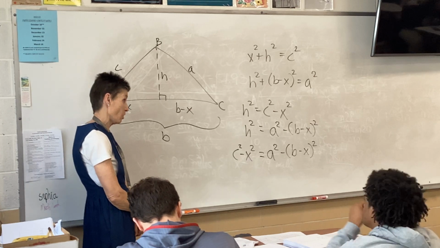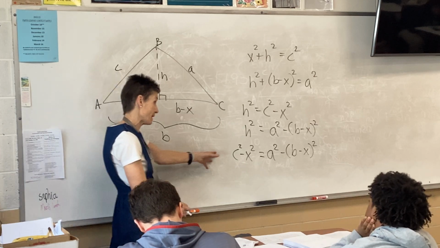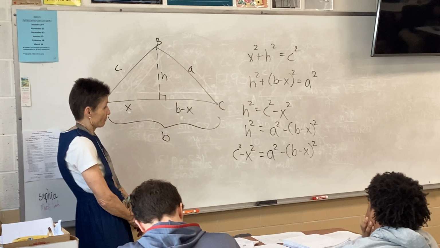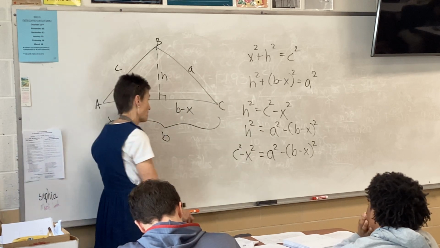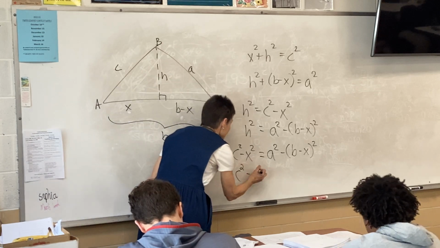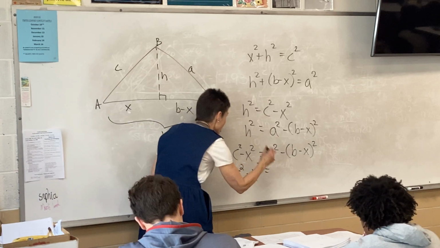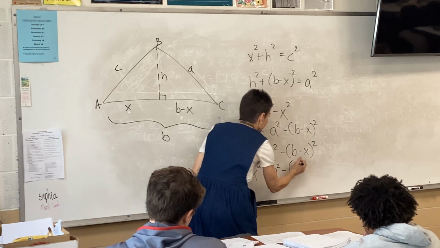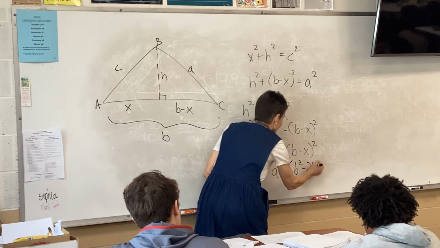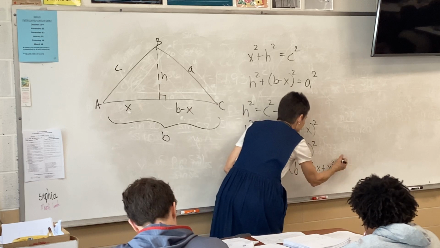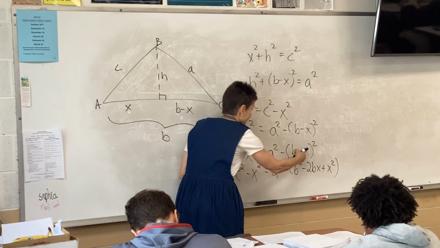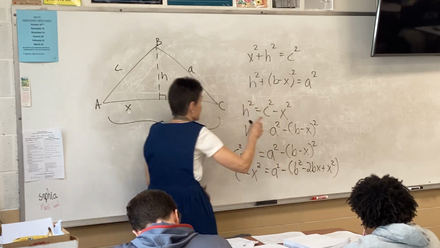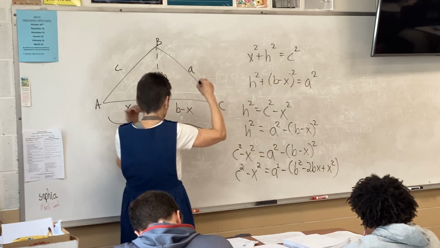Well, this is not the law of cosines. What do you think I need to do now? Foil? All right, let's foil it. Now, be careful when you foil it, because since that foil is being subtracted, that's going to change a bunch of signs, right?